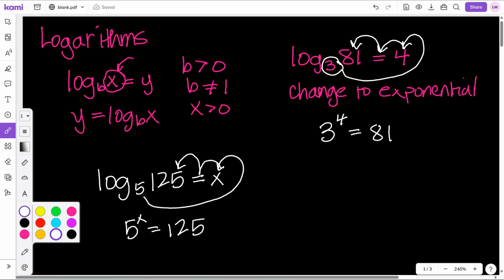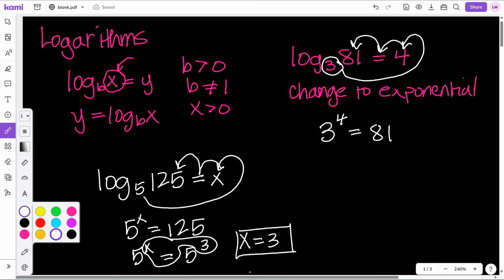Now I have to make my bases the same so I can figure out what my exponent is. I know that 125 can be written as 5 to the 3rd. So my bases are the same, and now I can set my exponents equal to each other. So x is equal to 3. So 5 to the 3rd is 125.